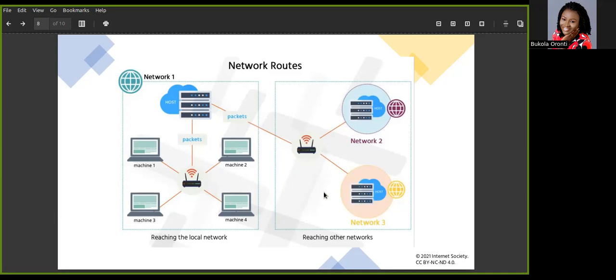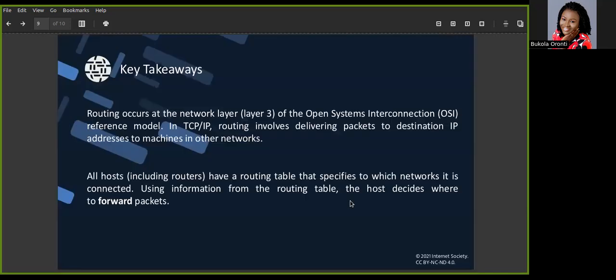And when it gets within network 3, the receiving router there sends it to the appropriate host that needs it. That's simply how it works. Now the number of routers it travels through is what we refer to as the hops, the number of hops it takes to get to the particular host or receiver.